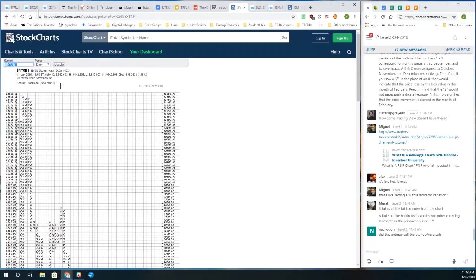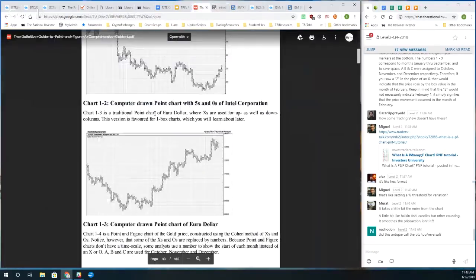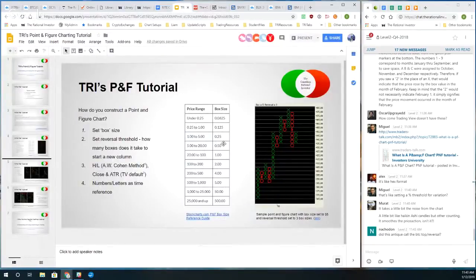So I would just go with that. If you want to play with the number and see what it produces for you, go ahead. If anything, the ingredient we want to tinker with is our box size. 3 box reversal is pretty industry standard.